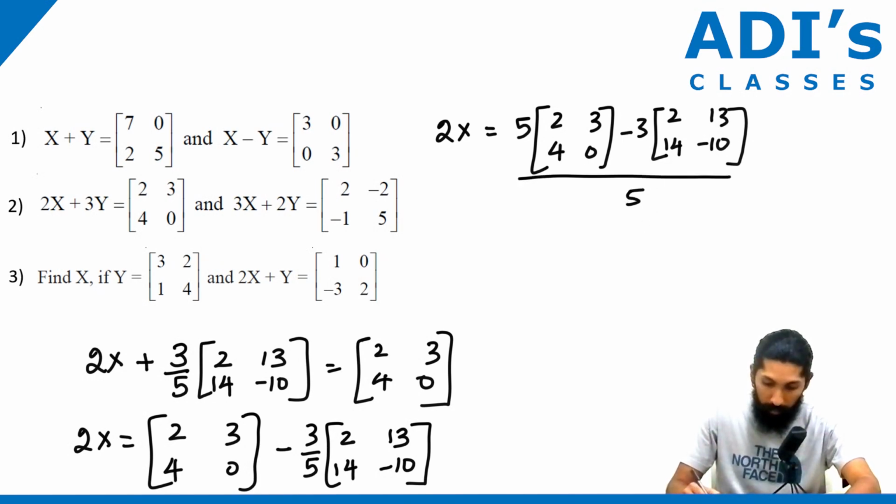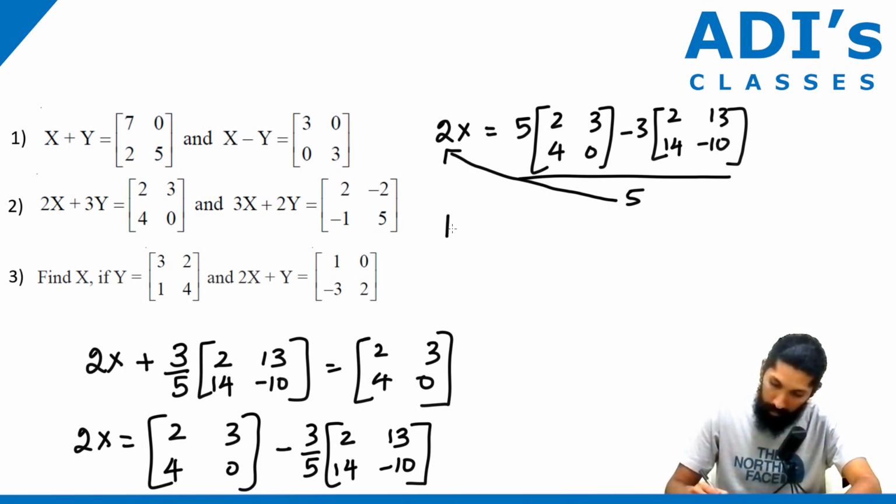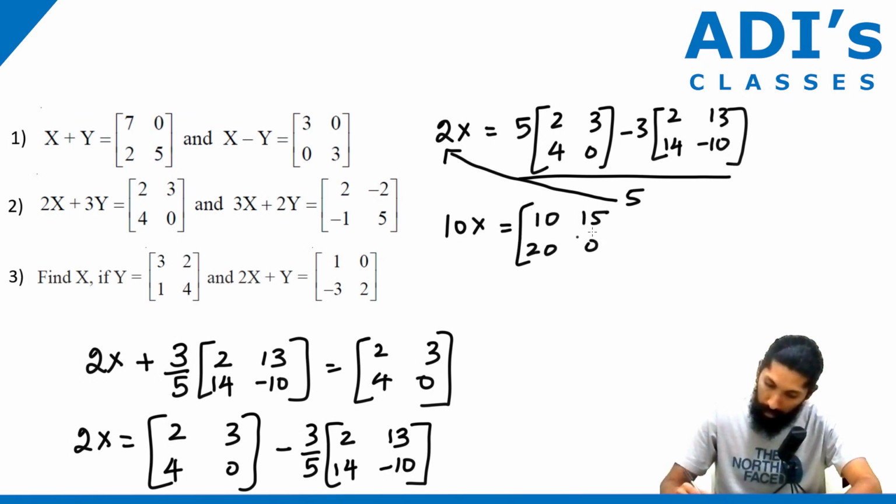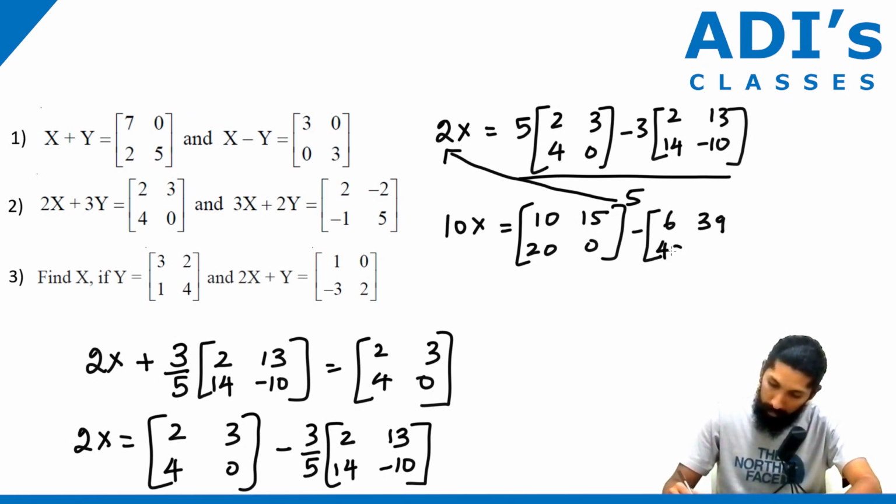So what you can do is you can take the 5 to LHS here. Easier to do. 10x is equal to 10, 15, 20, 0 minus 6, 39, 42, minus 30.